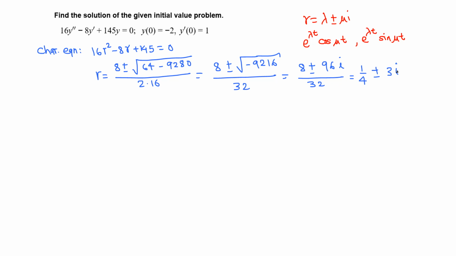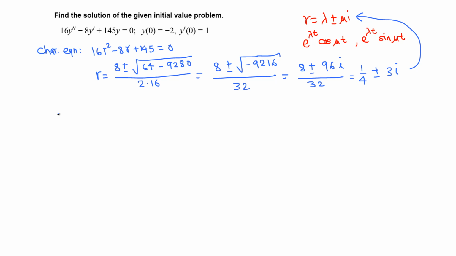So the roots are in this form, lambda plus minus mu i. In this case, the solutions are given by this, and their linear combination will be the solution.